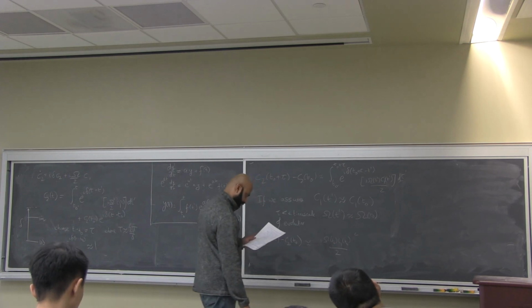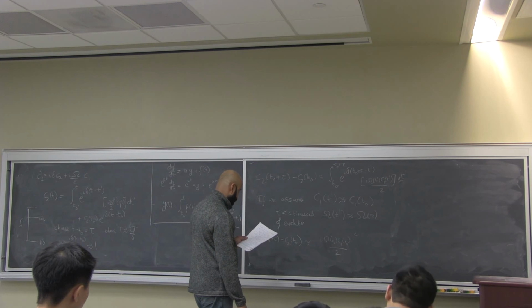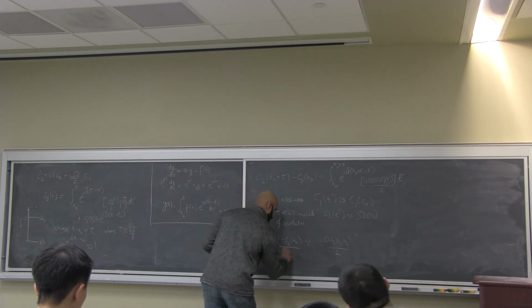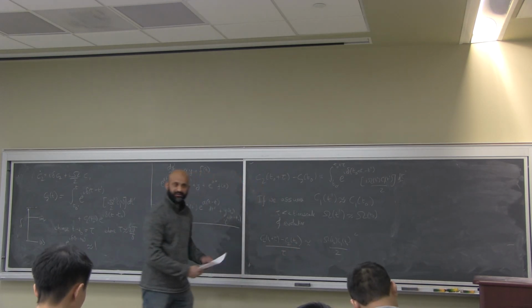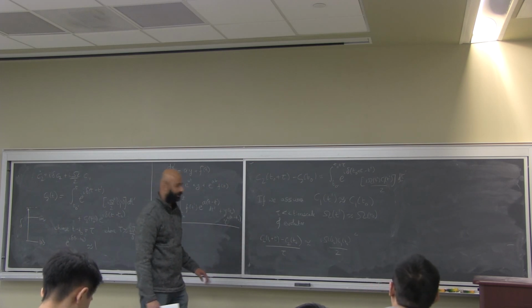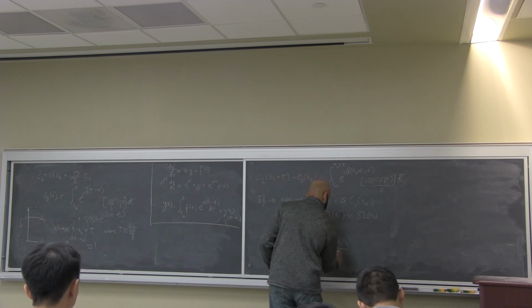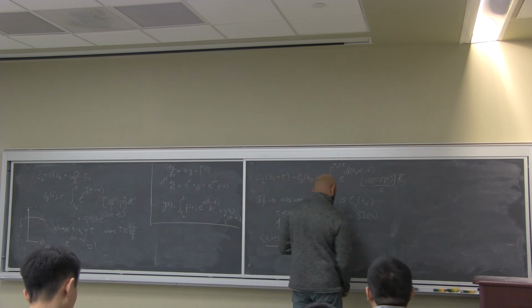I'm also going to divide by tau, because it's going to start looking like a derivative as tau becomes smaller and smaller on the left hand side, so I divide by tau on the right hand side too.